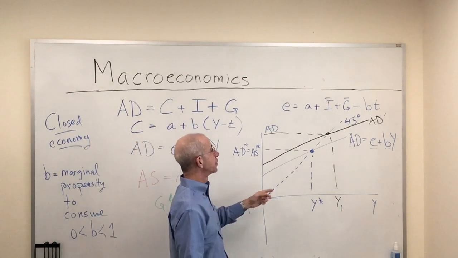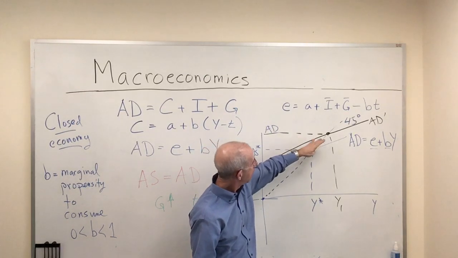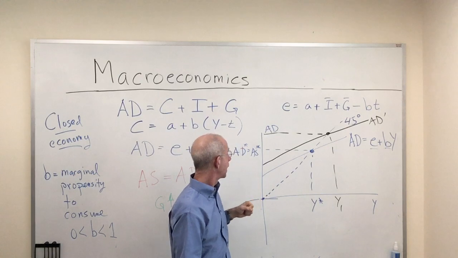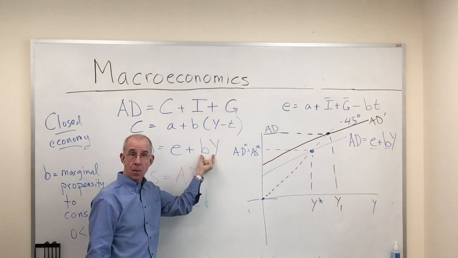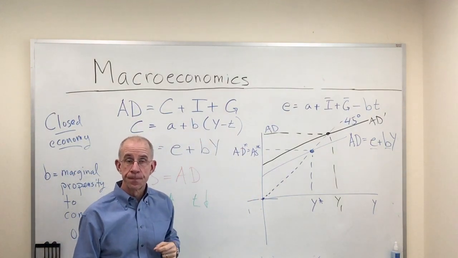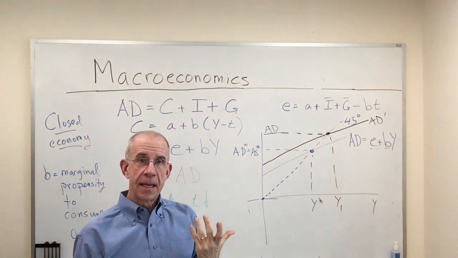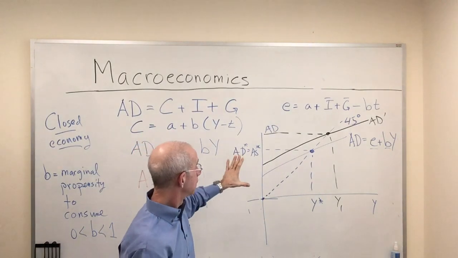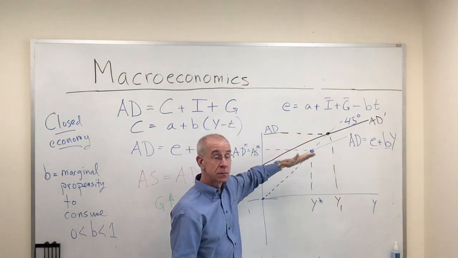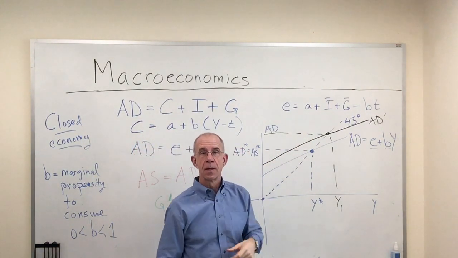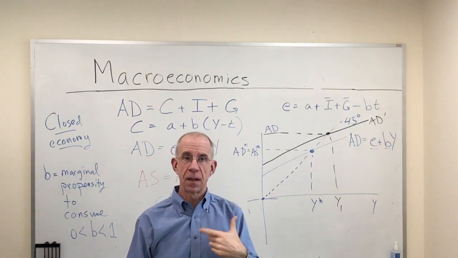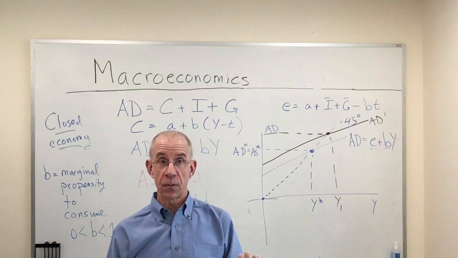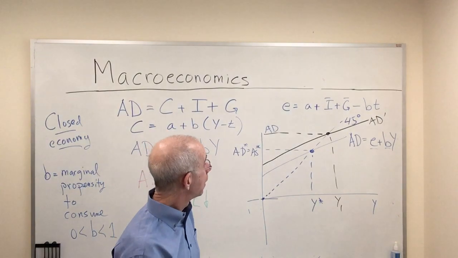And how much the aggregate demand will increase national income is very much tied to this marginal propensity to consume. If the marginal propensity to consume is greater, so that the slope is bigger, a steeper slope, then a given increase in government spending will result in an even greater increase in the amount of economic activity.